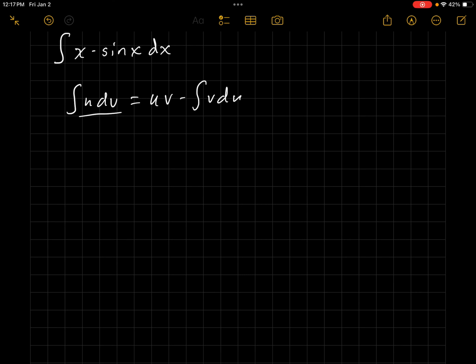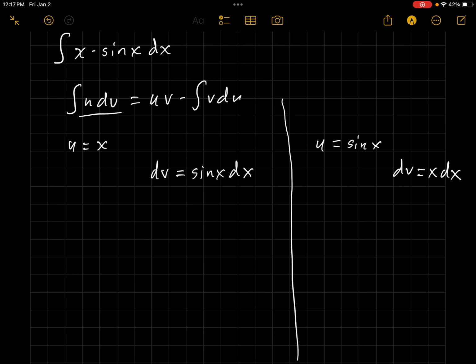Now, what should I let u equal? Well, I could either let u equal x, which makes dv equal to sine x dx, or I could let u equal sine x, and then dv will be x dx. So let's look at these two side by side.